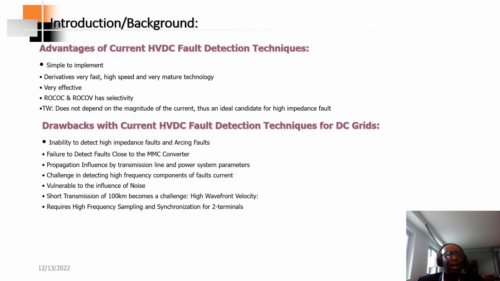It requires high frequency sampling and synchronization for two terminals. And when it requires high frequency sampling, what does it equate to? It means a high cost of protection equipment.